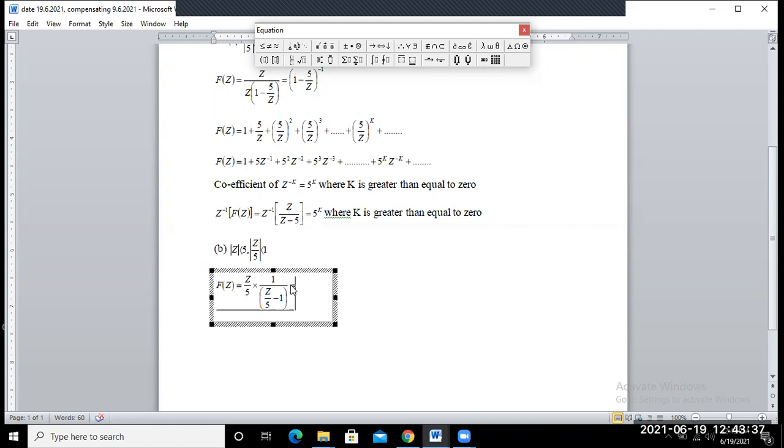Okay, so equal to minus z by 5 into (1 minus z by 5) whole to the power minus 1.